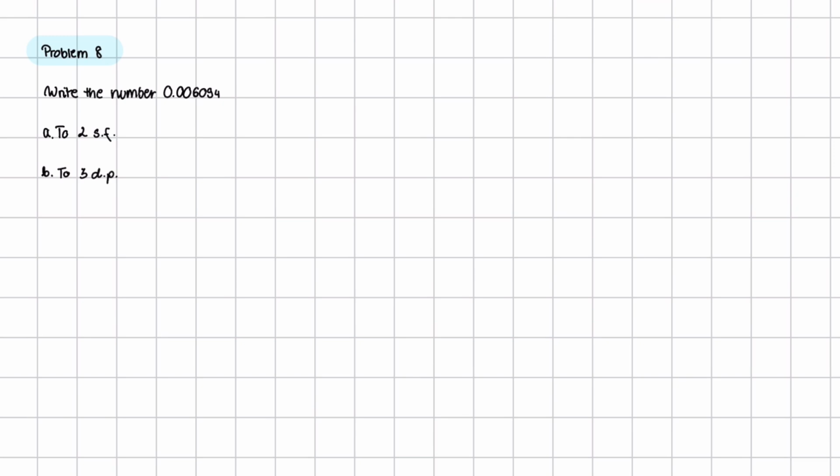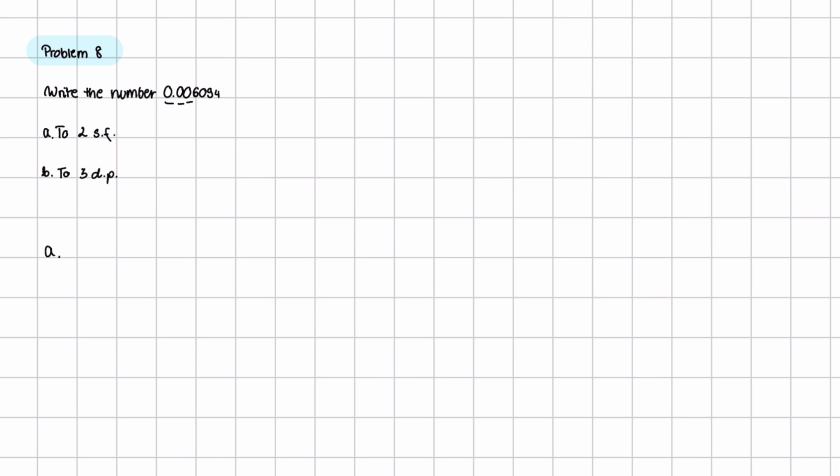Problem 8. We have to write the number 0.006094 firstly to two significant figures. So it is important that we do not count zeros if they are like in here, before our other numbers.